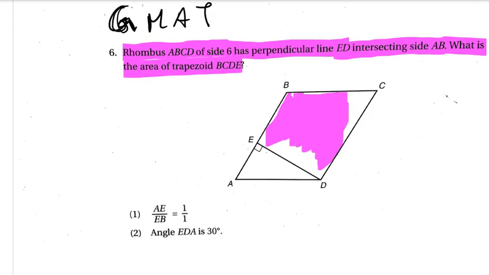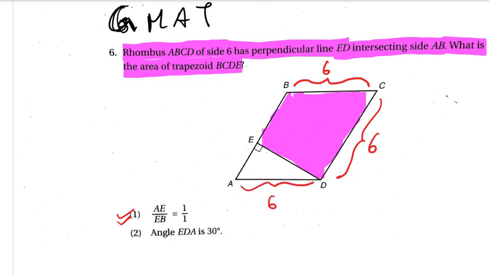So let us quickly understand this question. Alright, let's start. First condition is given to you that AE by EB is equals to 1:1. That means this is a rhombus, so this is 6, this is 6, this is 6, and this is 6.